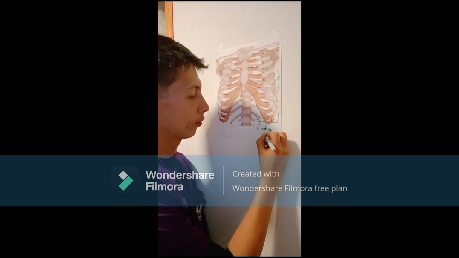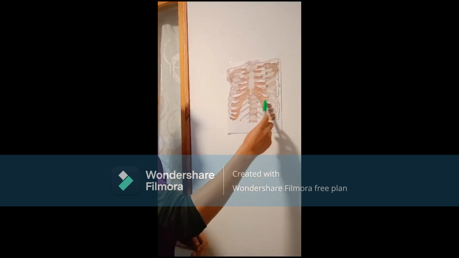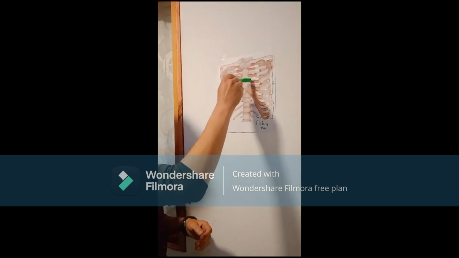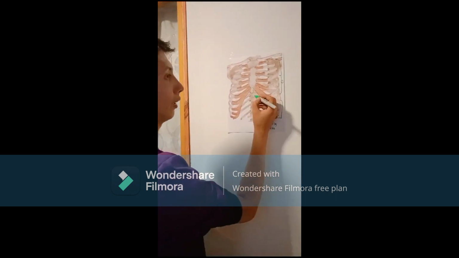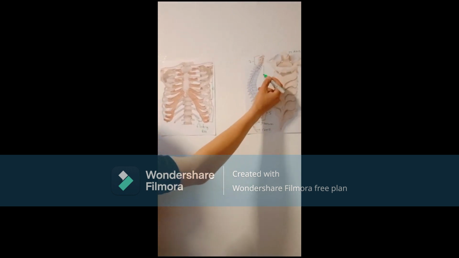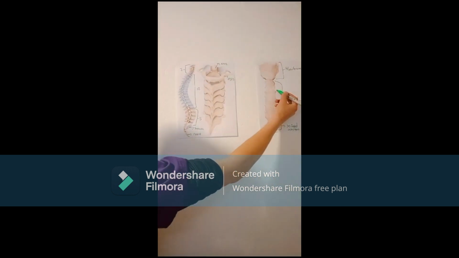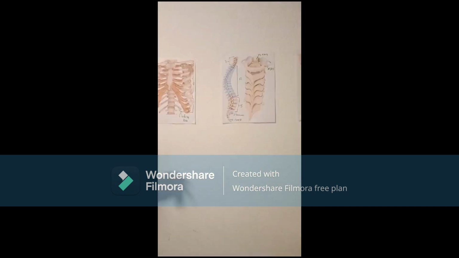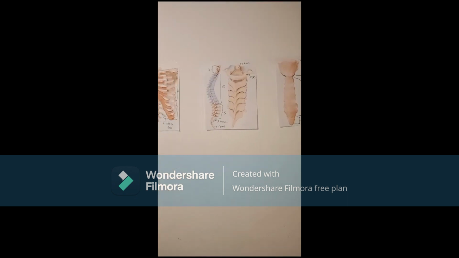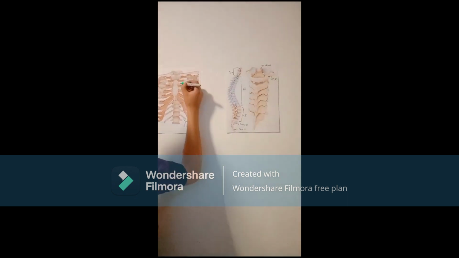The 7 true ribs are those that are attached to both the dorsal vertebra and the sternum. They are attached to the sternum thanks to an individual cartilage.